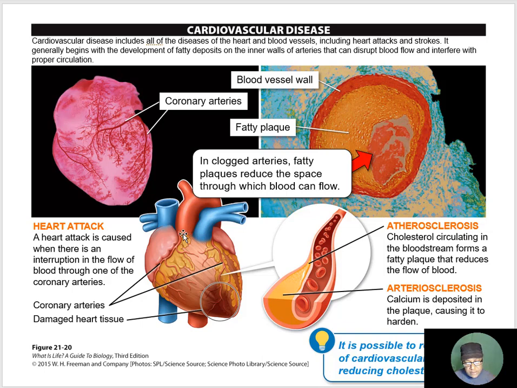Well, there are little branches that come off of each of the vessels. Here we can see the branch that's coming off of the aorta, the oxygenated blood, that's going to feed the heart muscle itself, because it is a muscle. It has to have its own vasculature, and those are called the coronary arteries, and they sit right here on the heart, and they branch out to feed the heart muscle.